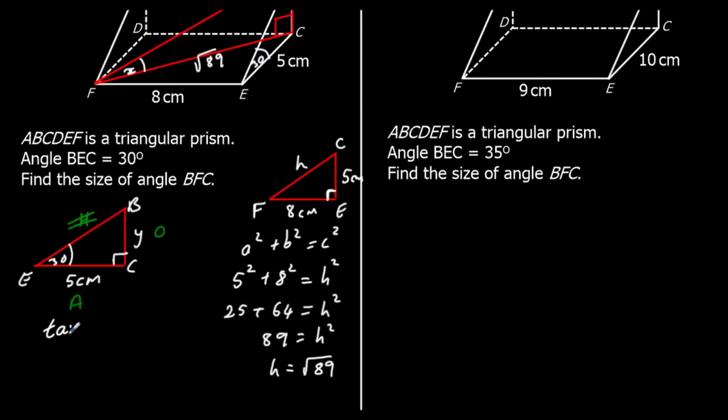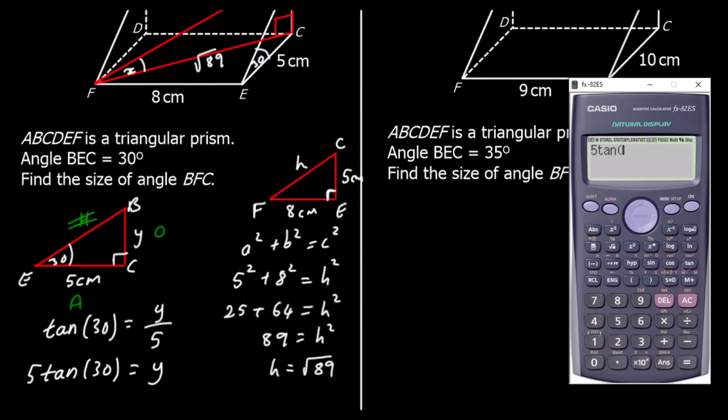And that says tan with the angle, tan 30, is equal to the opposite, which is y, over the adjacent, which is 5. To get y by itself, we multiply both sides by 5. So y is equal to 5 times tan 30.